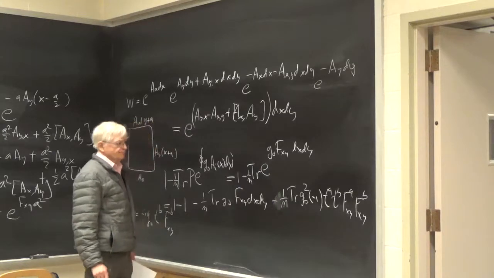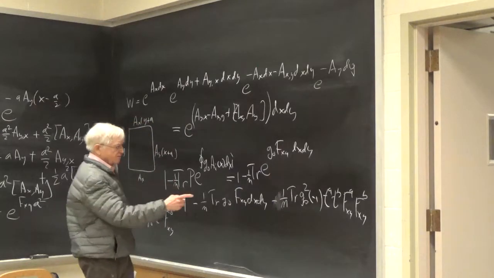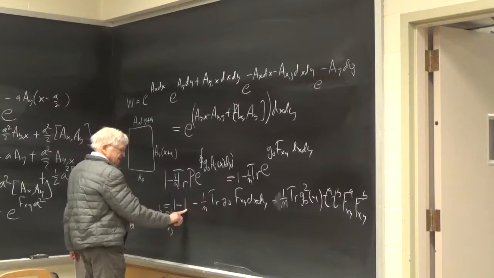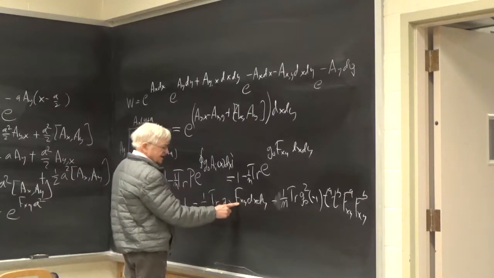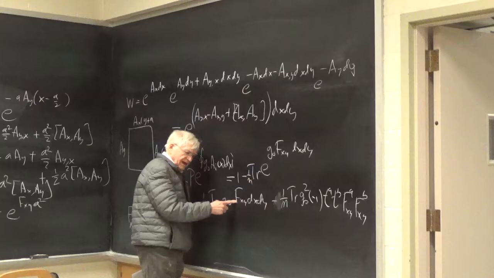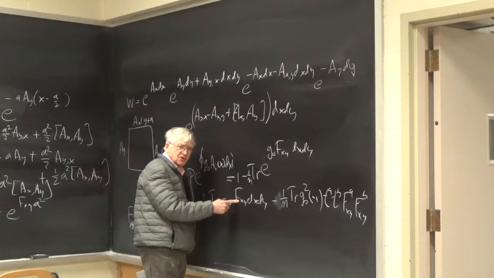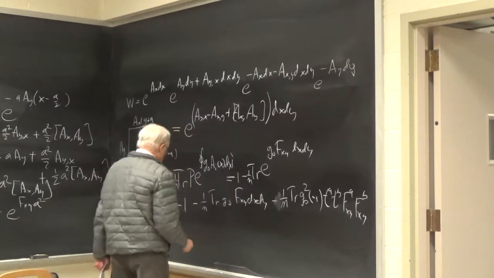And the minus signs cancel, so these two things cancel. If we're dealing with SO(N), SU(N), or Sp(2N), all the generators are traceless. So these traces are all gone.